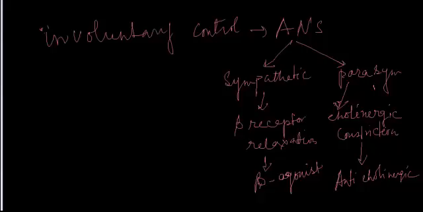So, to stimulate the sympathetic fibers, we have beta agonists. To stop the stimulation of cholinergic fibers, we have anticholinergics. Because if cholinergic is stimulated, there will be constriction. We need to stop the constriction, so we'll be blocking the possibility of constriction. And the group of drugs that can do this is anticholinergics.